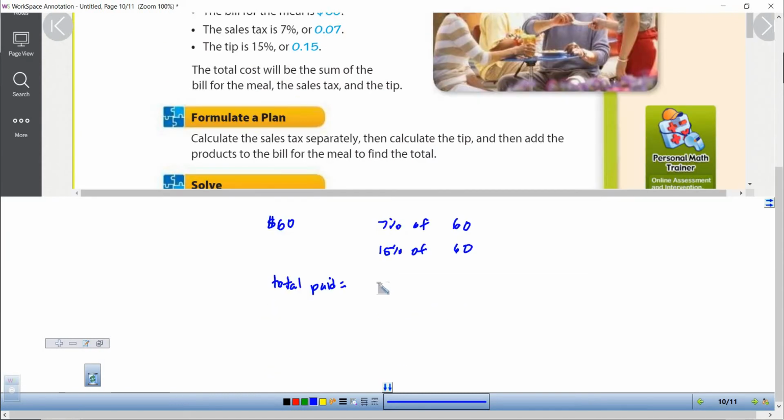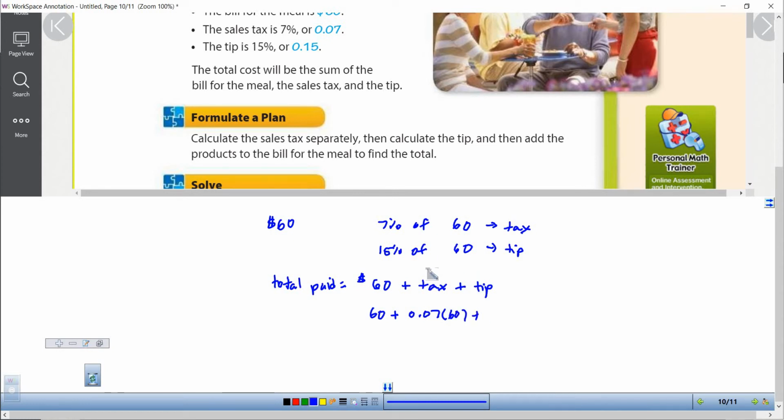And then our total paid is going to be the $60, right? By the way, this is the tax, and this is the tip. Our total paid is going to be $60 plus the tax plus the tip. Now remember, when you want 7% of 60, we're going to do 0.07 times 60.